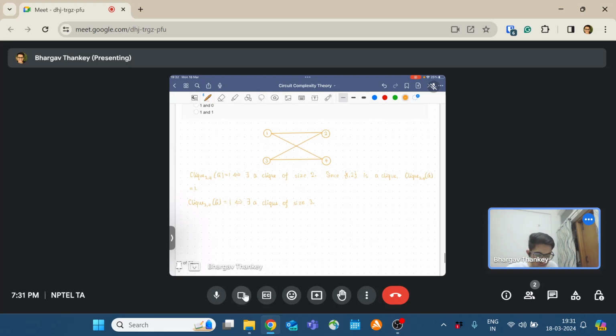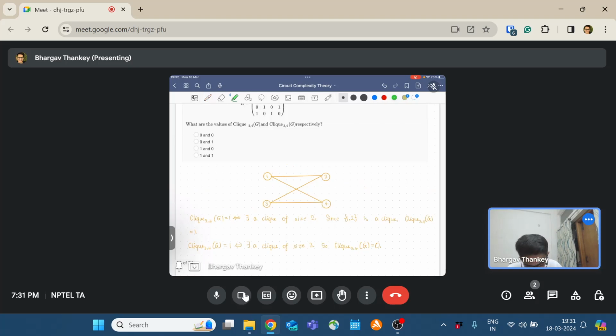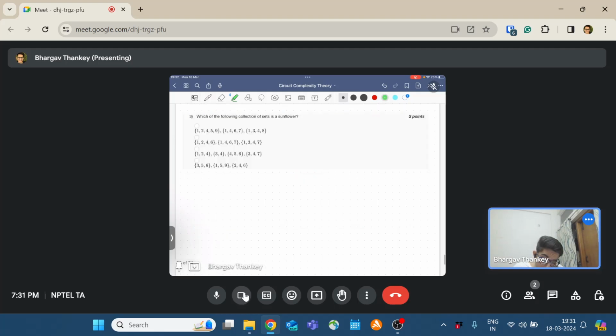However, there is no clique of size 3, right? Because 1, 2, and 3 does not form a clique. 1, 2, and 4 does not form a clique. And 2, 3, and 4 also does not form a clique. So it's 1, comma 0, option C. Let's look at the next problem.